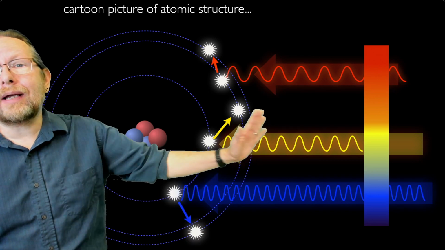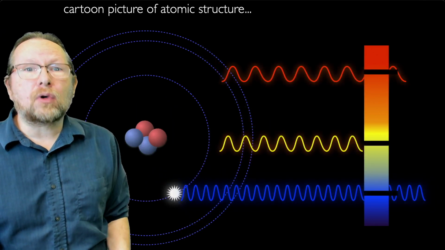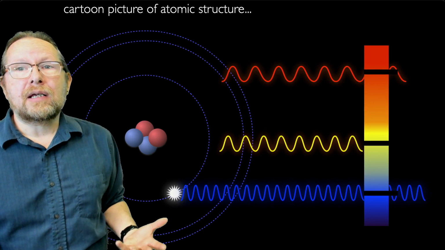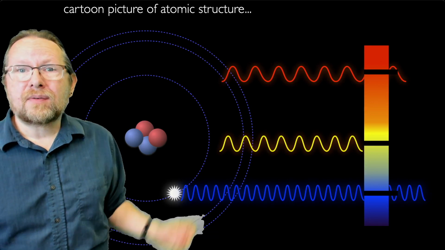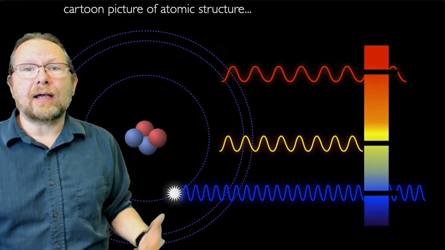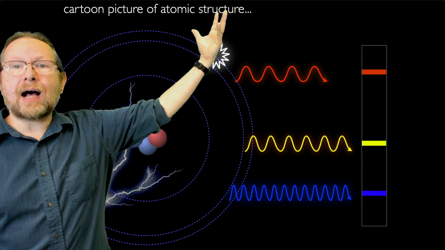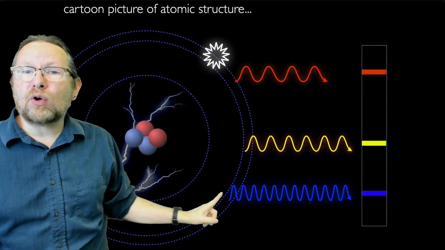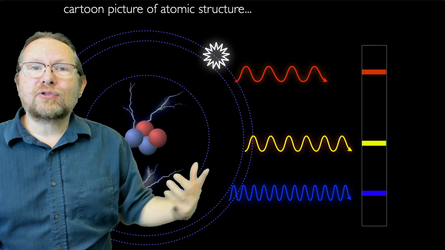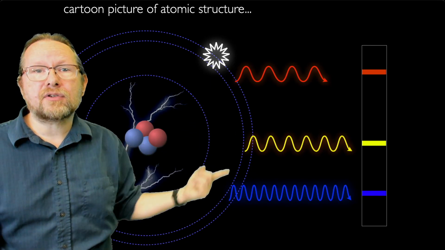So if I shine white light on a tube full of these atoms, it will absorb the frequencies or wavelengths that correspond to the sizes of its energy jumps. If I run electricity through that atom, kick all the electrons up to the top and let them roll downhill, they will give off those same frequencies, those same wavelengths, those same colors of light.